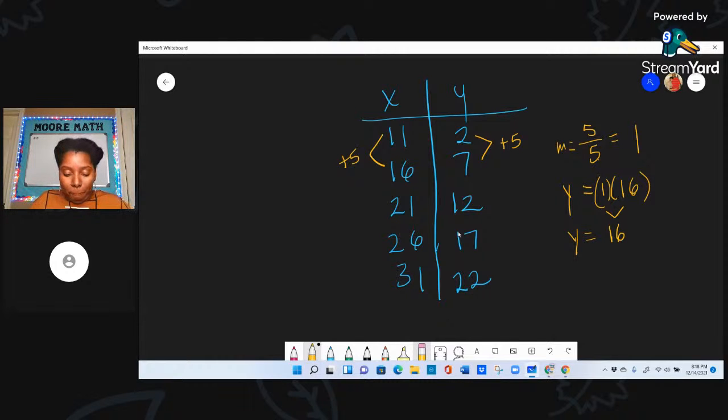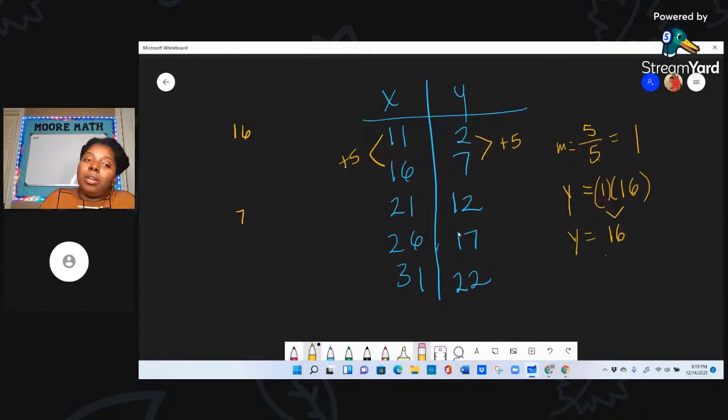And then what? We're supposed to get 7, right? I go from 16 and I get all the way down to 7.